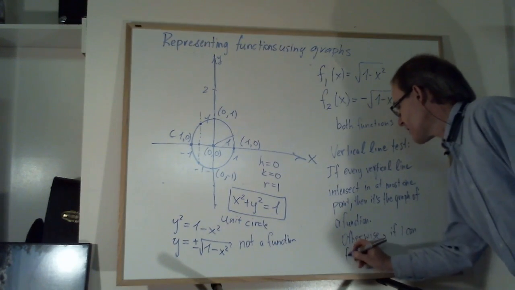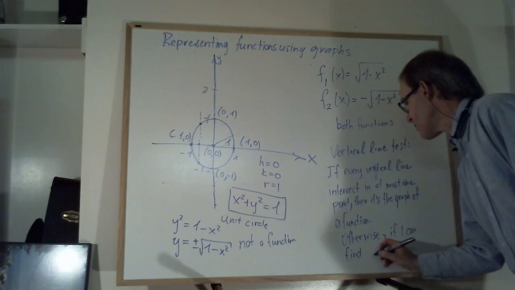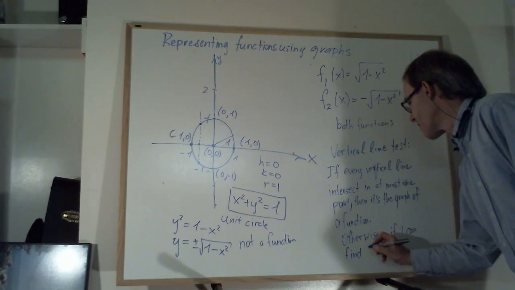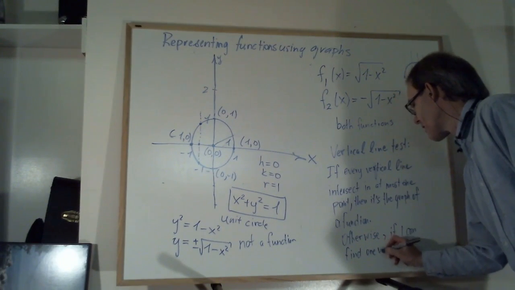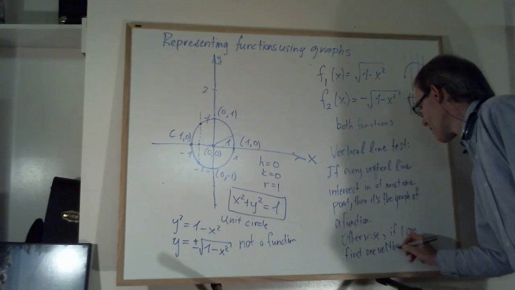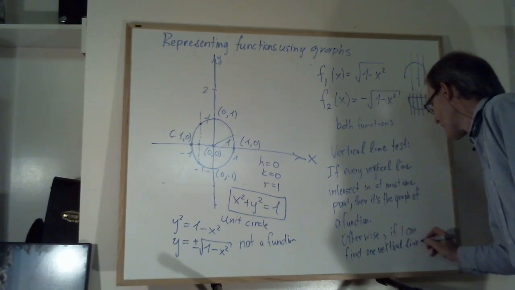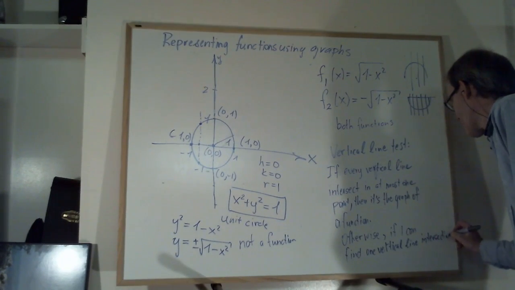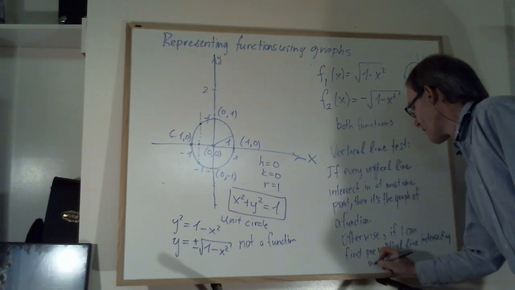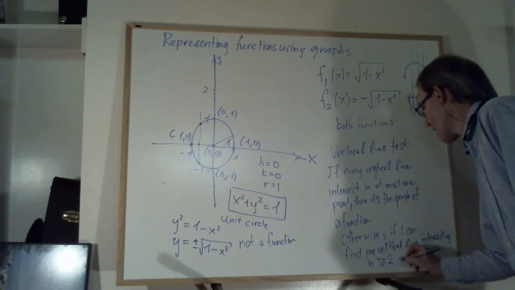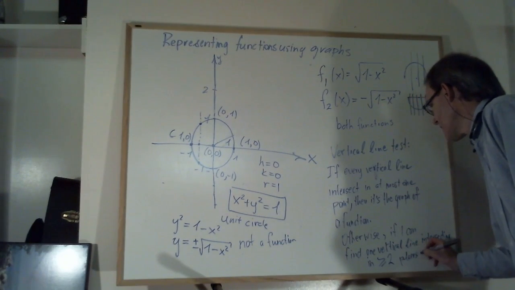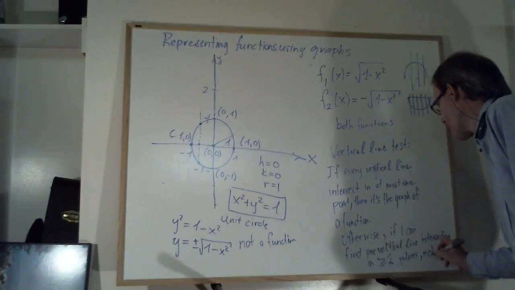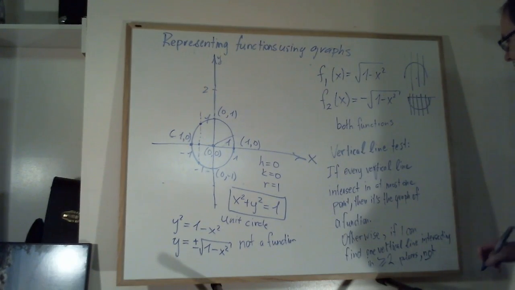If I can find one vertical line which intersects in two or more places, then it's not a function.